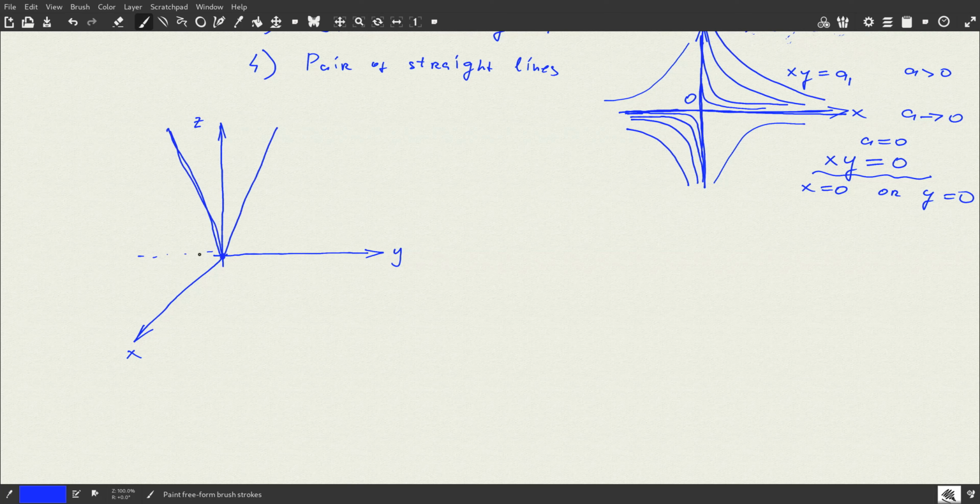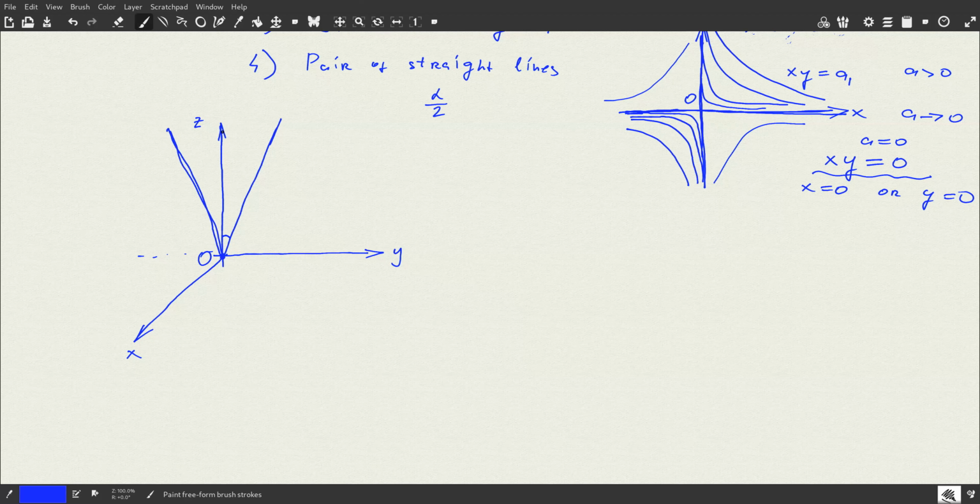and with the half angle alpha over 2 at the vertex. So the total angle of the cone is alpha, and the half angle between the side lines of the cone and the z-axis is half alpha.